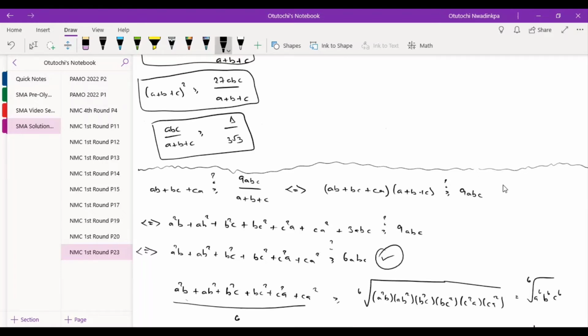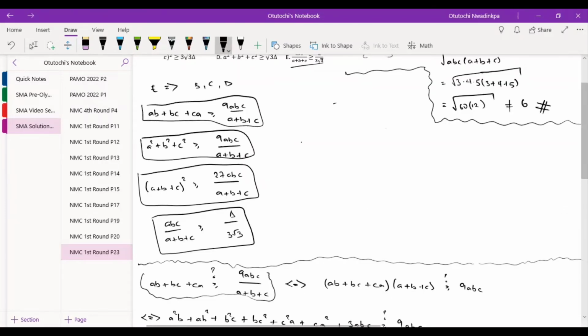And I'm done with the first part of what we wanted to show. So let me mark that here. These are the things we wanted to show, and we have shown the first one. So now let's move on to the second one.